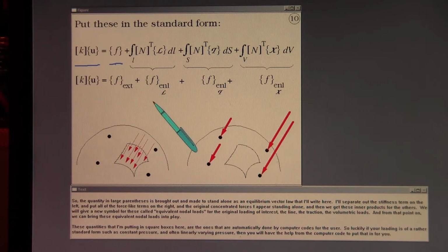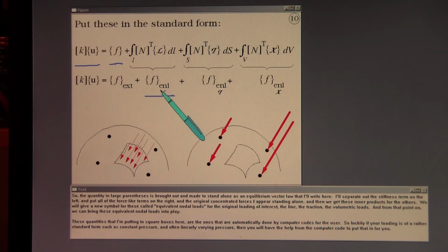We will give a new symbol for these called equivalent nodal loads for the original loading of interest, the line, the traction, the volumetric loads. And from that point on, we can bring these equivalent nodal loads into play.